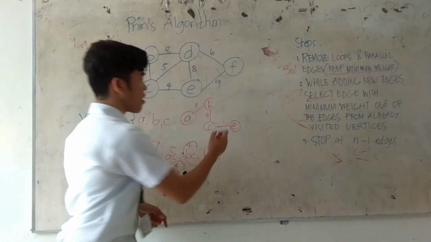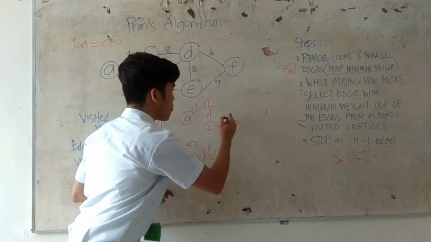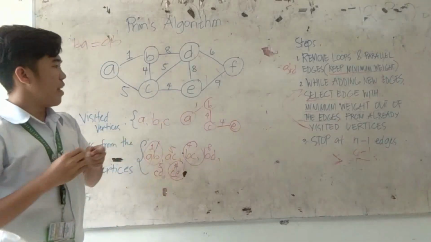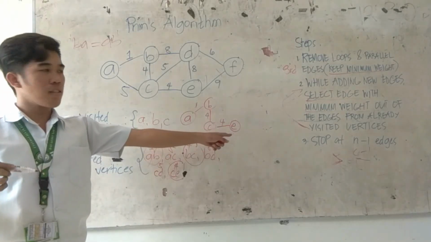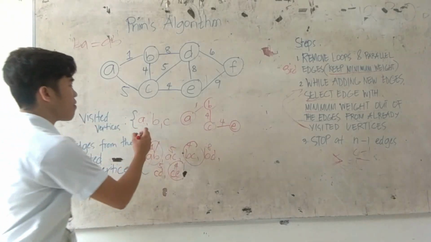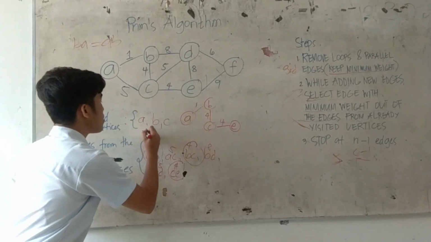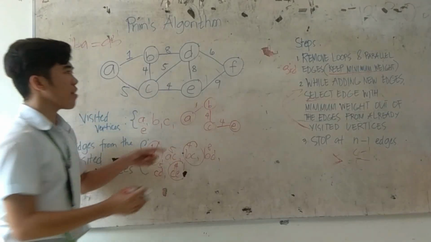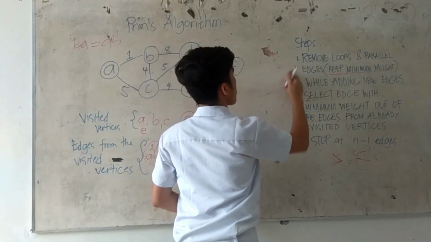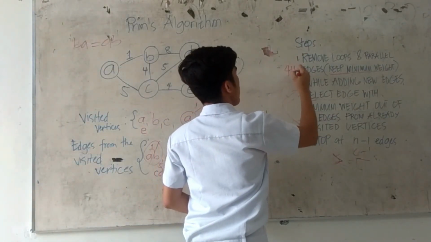And its cost is 4. Now, since CE, it makes E as the newly visited vertex. So we write it there. And then we are now in our fourth edge.